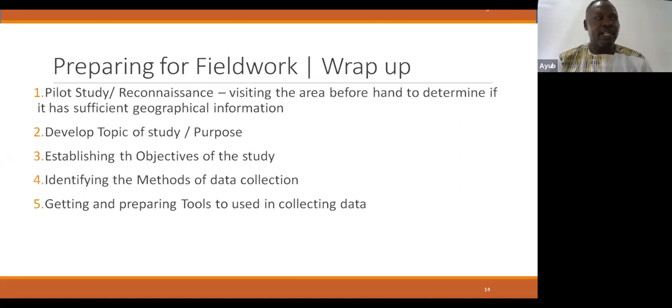And I saw you said, I identified a notebook, a pen. Some of you said a camera. So you identify the tools that you are going to use to do the study. The tools must be identified, and you prepare them and get them.